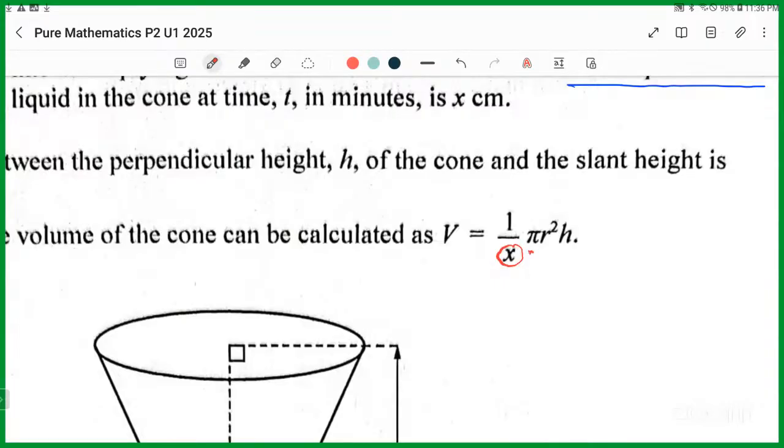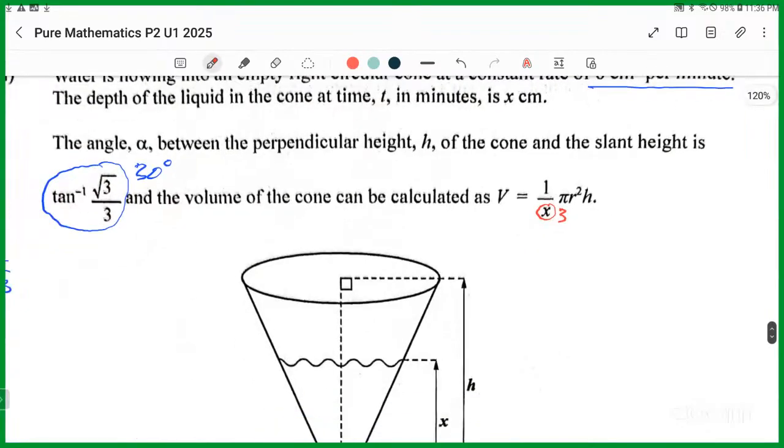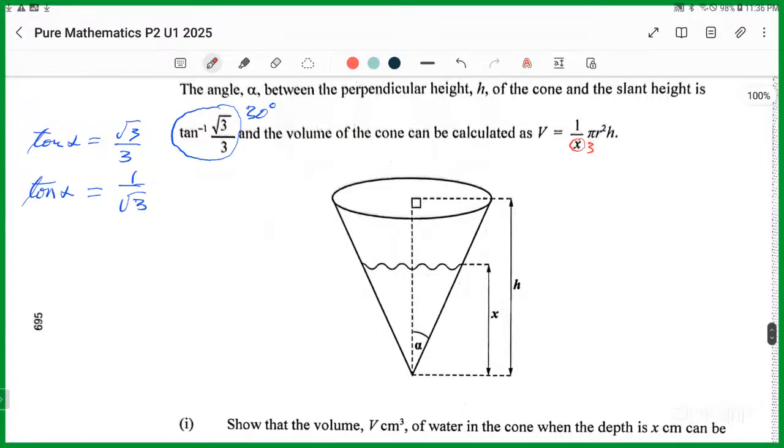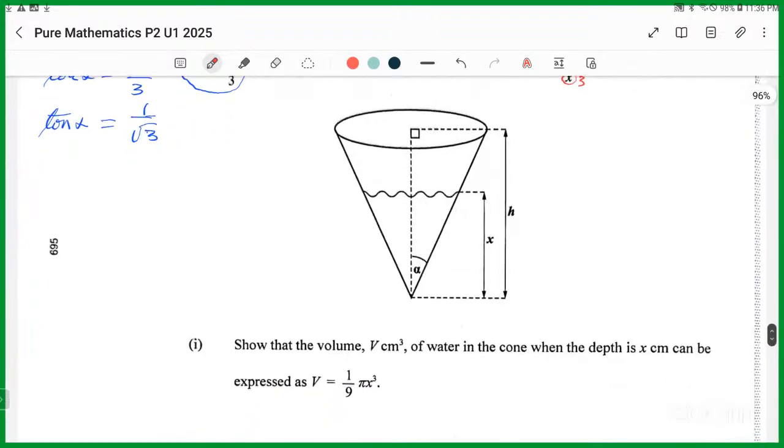Students, we don't know this in problems. That's a third pi r squared h, and that's an x. You used to make too many mistakes all the time. Come on. It says, show that the volume V cm cubed of water in a cone when the depth is x can be expressed as this in terms of x.